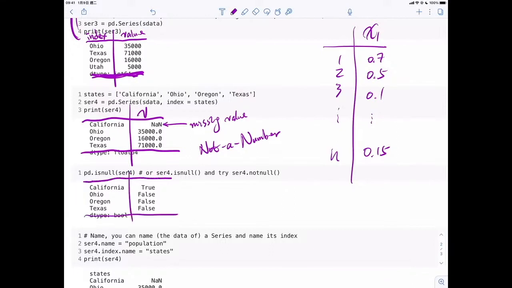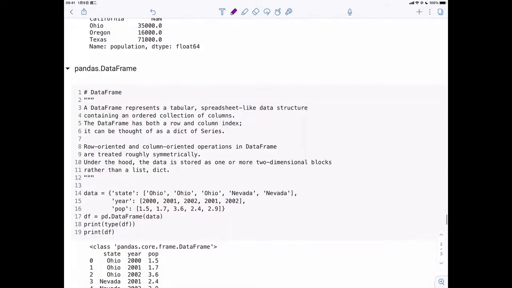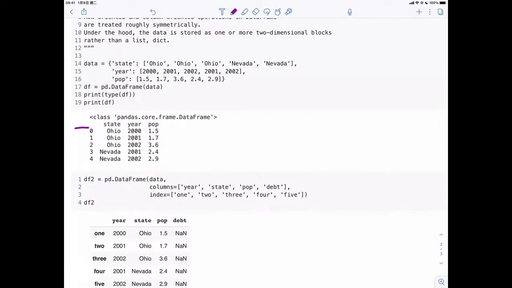Or that is index, that is value, and as we can see, those values are binary values, true or false, yes or no, 1 or 0, which is okay. The other important data structure is the data frame. And a data frame is basically a table. So sometimes it looks like this right here. That is the index.